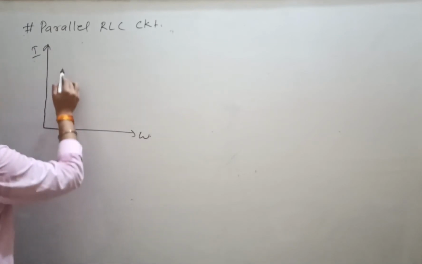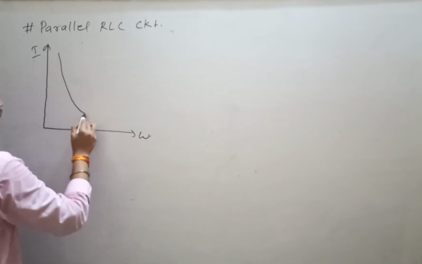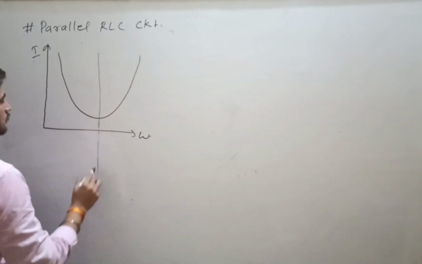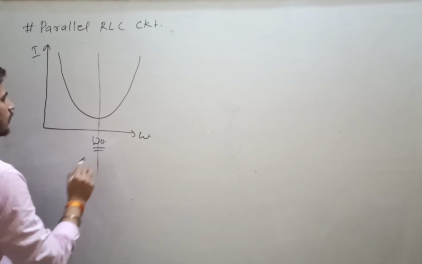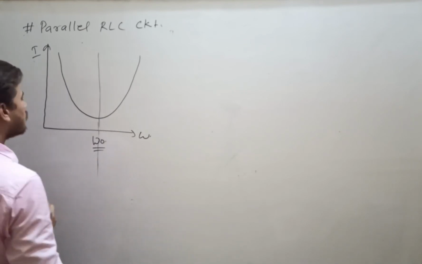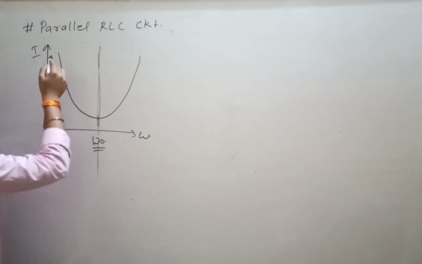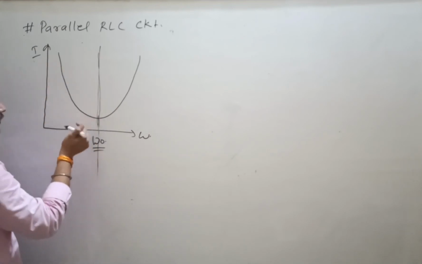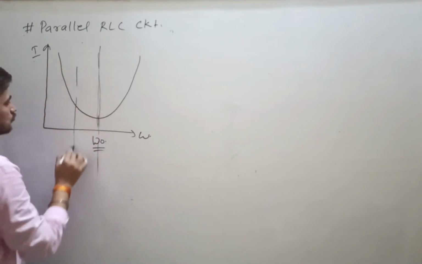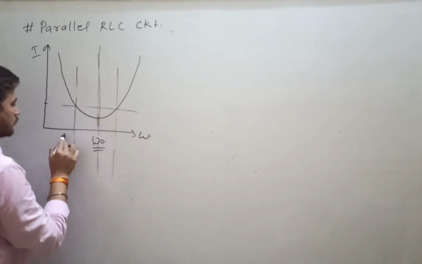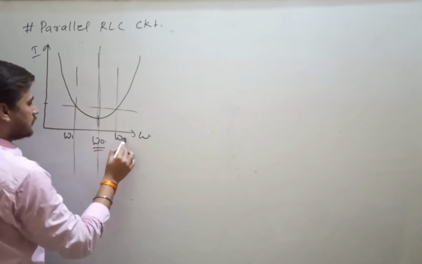Here the graph will be like this one. This is your omega naught. Here the current is minimum, and then you will see two more points, omega 1 and omega 2.